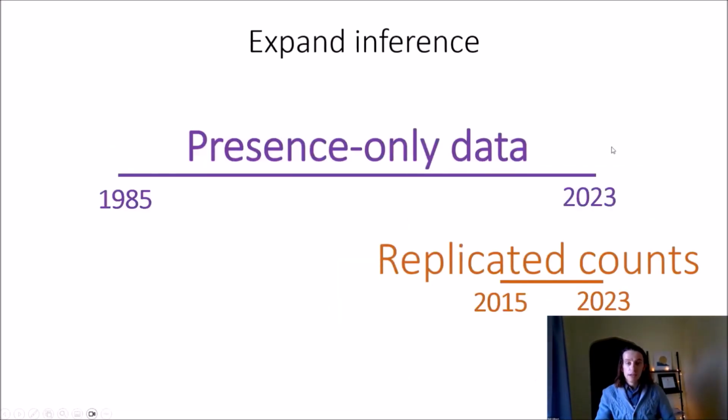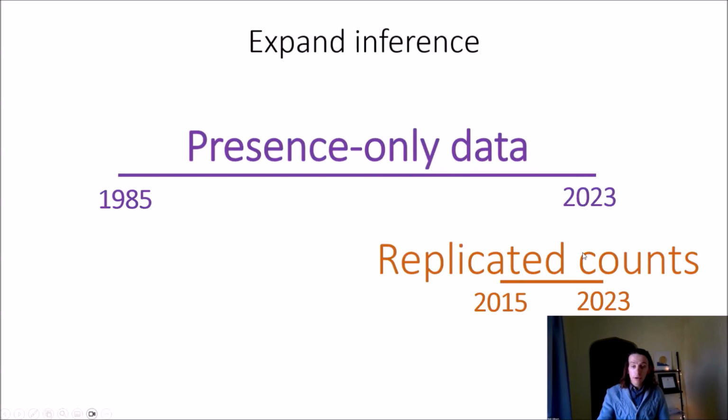Another appeal is this idea of expanding your inference. This could be expansion of your inference across space, time. And here I'll just give you a hypothetical example. Maybe you have presence-only data that stretch back for several decades. And then you have replicated count data, which are maybe higher information content, more structured data.